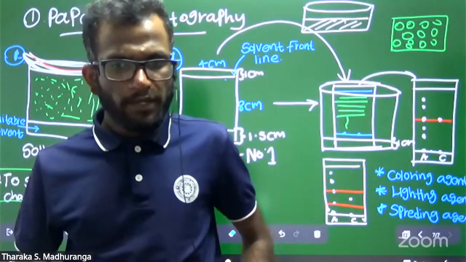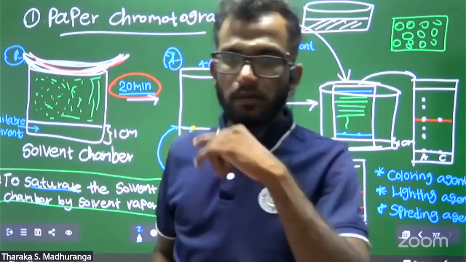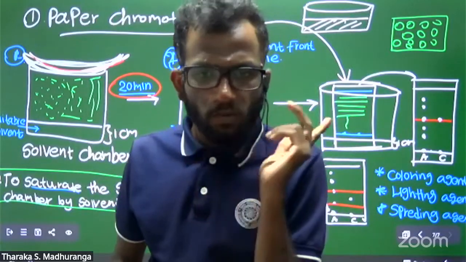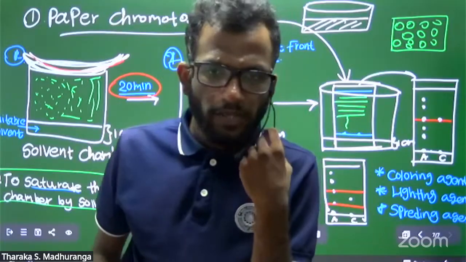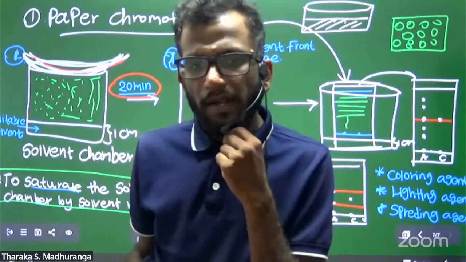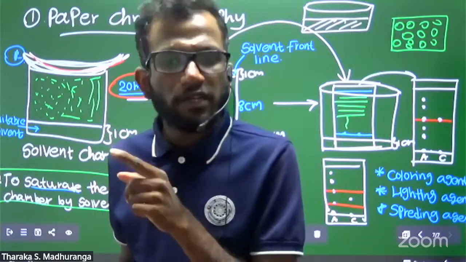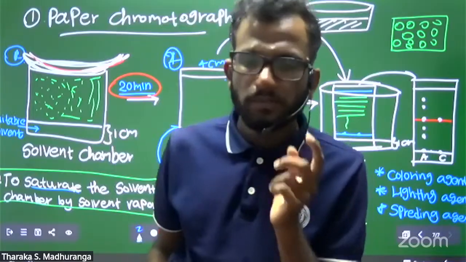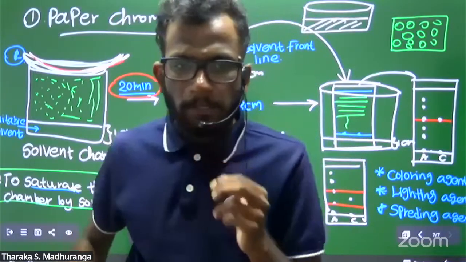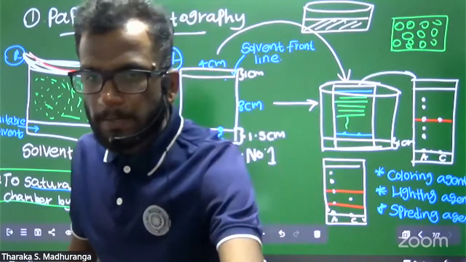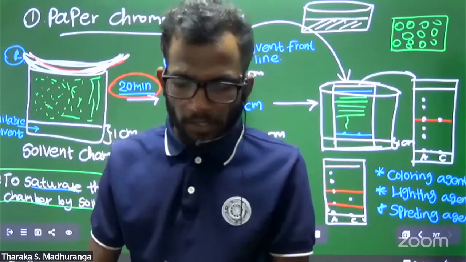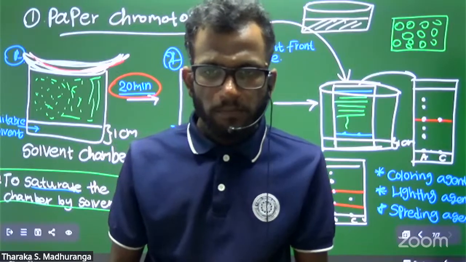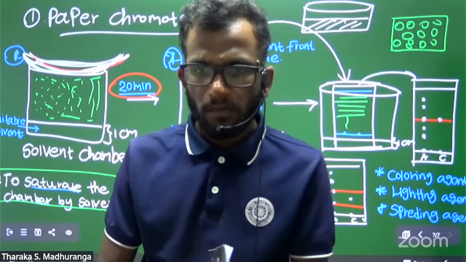Next day we complete the lesson, and after that in the Monday class we discuss all exam questions of this lesson, and the week after next week we start industrial chemistry, our second unit. Any doubt? No.